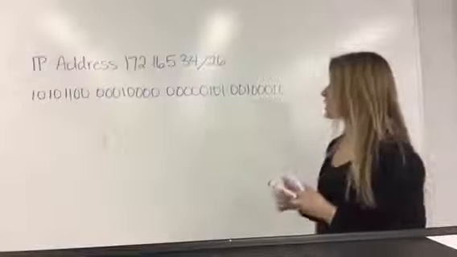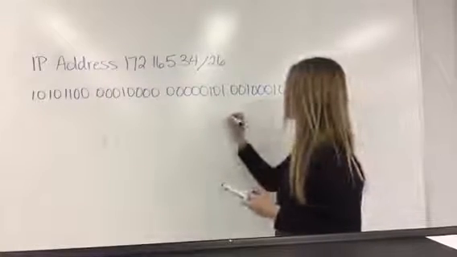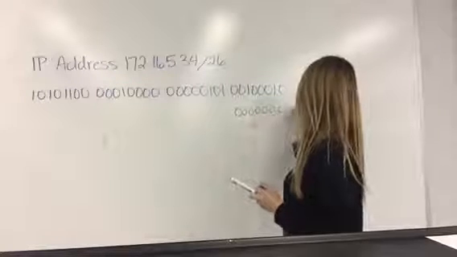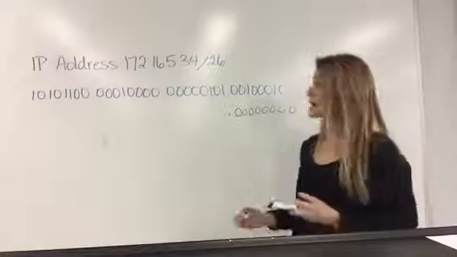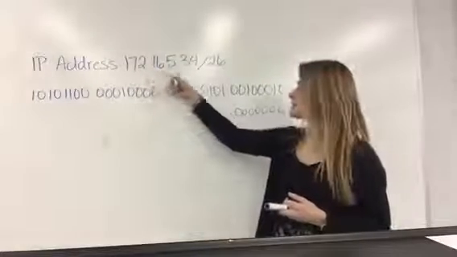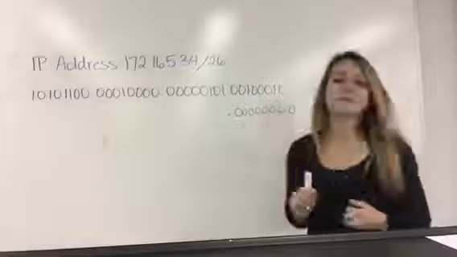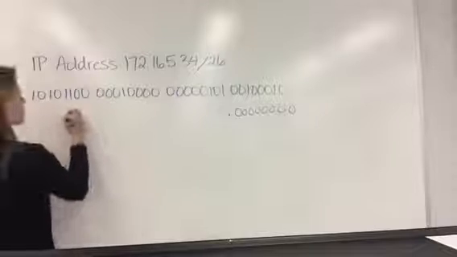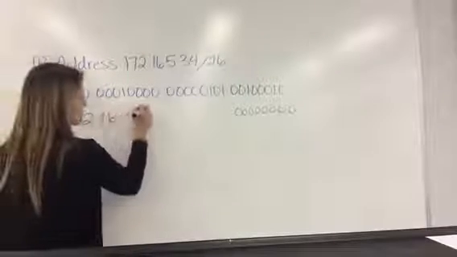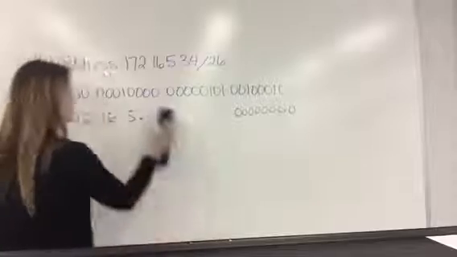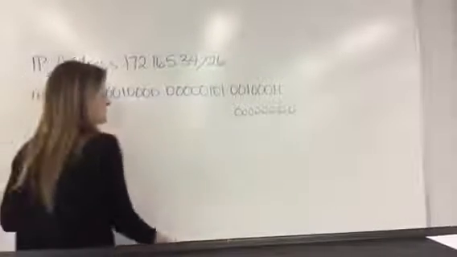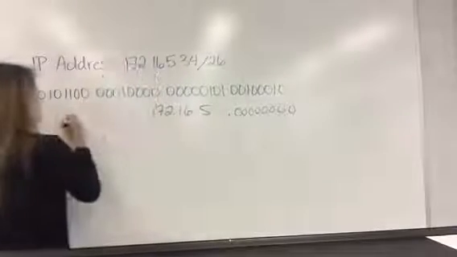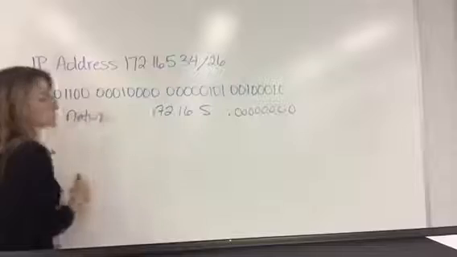So our first 3 octets are going to stay the same, but if we made the last one all zeros, 1, 2, 3, 4, 5, 6, 7, 8, then our network address is 172.16.5.0. That's our network address.